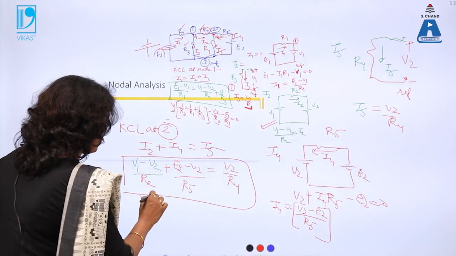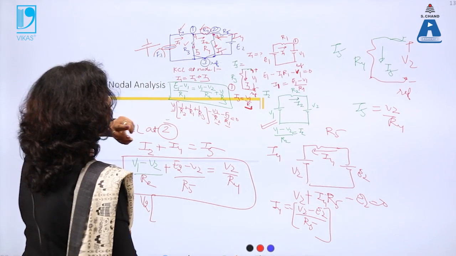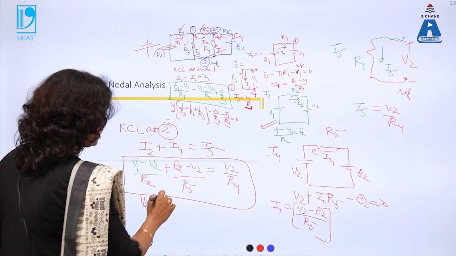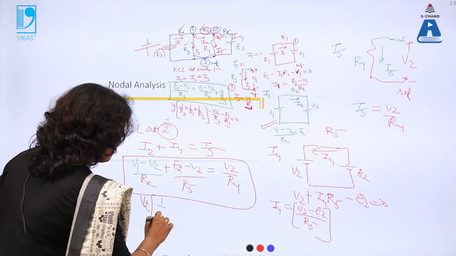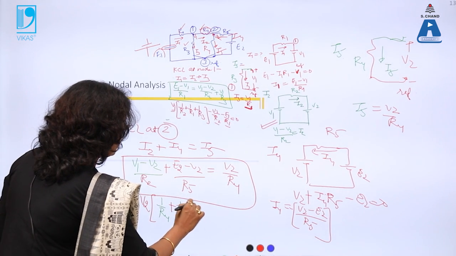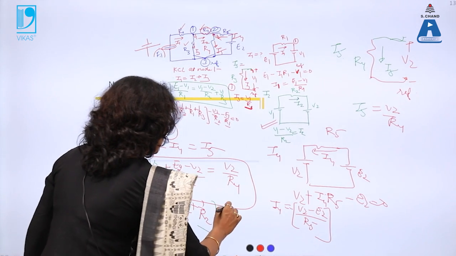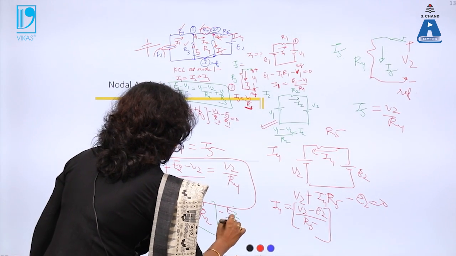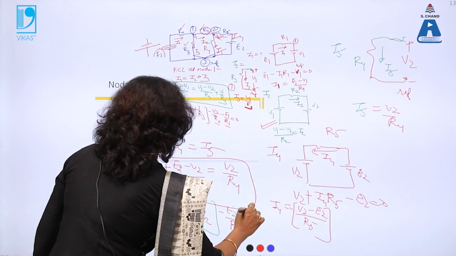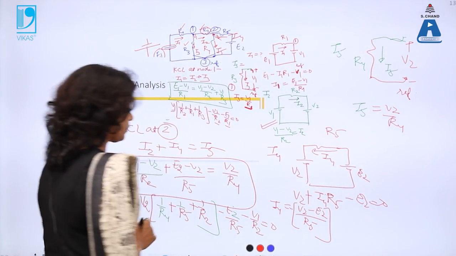I will take V2 as common, the voltage which is there as variable at node 2, then within the bracket 1 by R4 plus 1 by R5 plus 1 by R2, minus E2 by R5 minus V1 by R2 is 0.